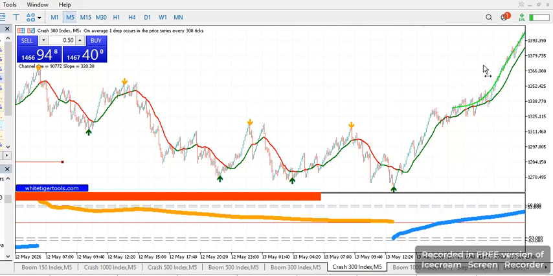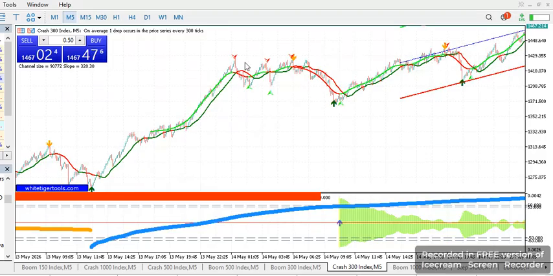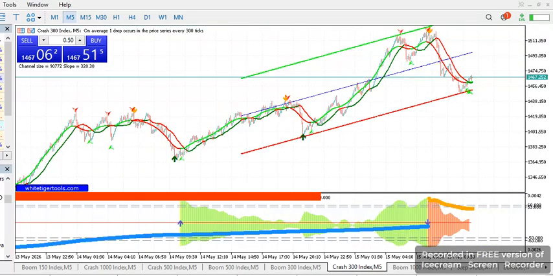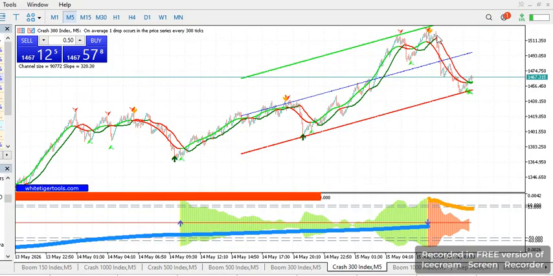And what you can see now is that we are having a massive uptrend, and the uptrend still continues up to this particular moment. And we are having another downtrend confirmation from this particular angle.